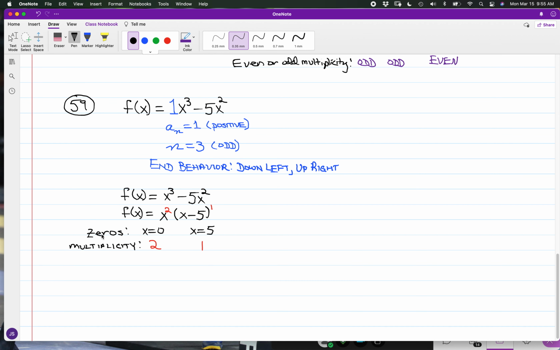And in terms of crossing or touching the x-axis, again, any zeros with even multiplicity will be locations where the graph will touch the x-axis.